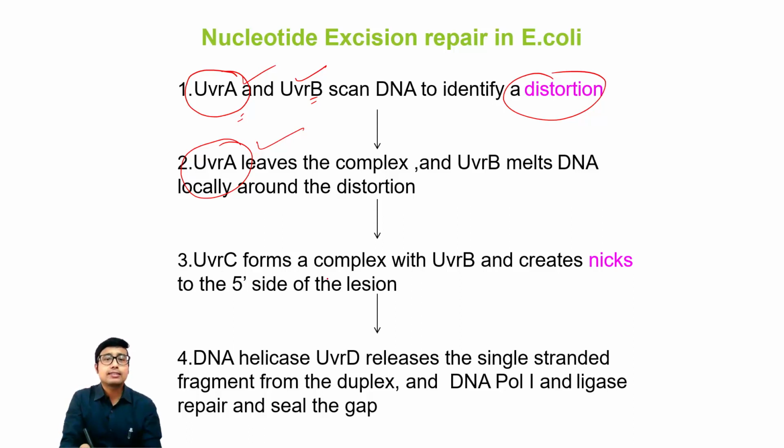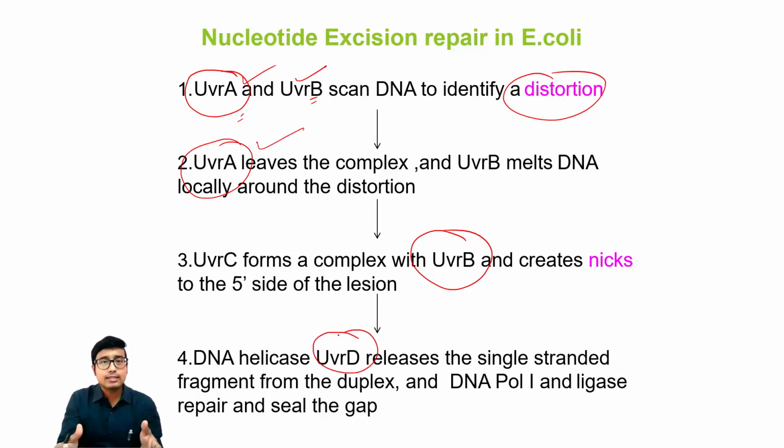Next, UVRC comes and forms a complex with UVRB, and it creates a nick on both the 5' and 3' ends of the lesion. In the next step, UVRD comes, which has helicase activity.